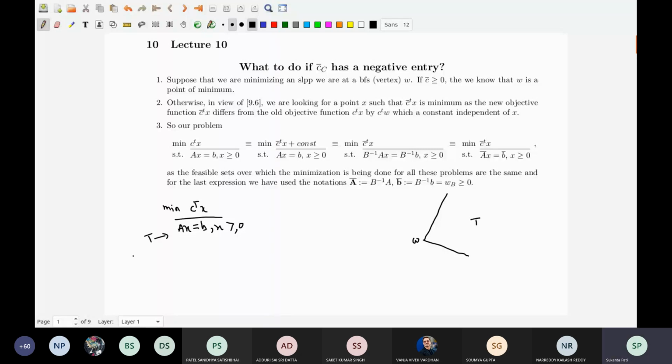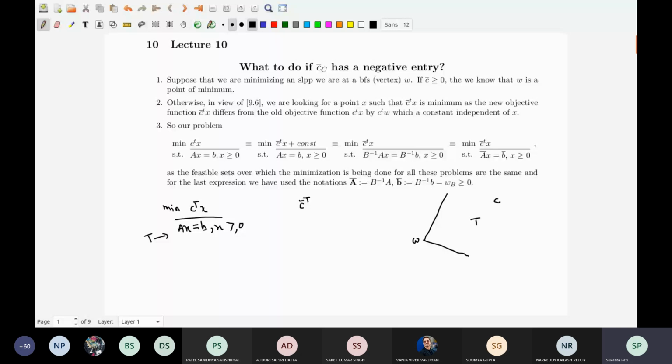This feasible set you call T. Now what happened at W? At W you computed the C bar. Now what is C bar transpose X? C bar transpose X is the relative cost vector.